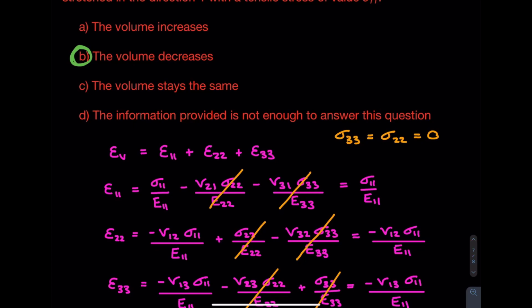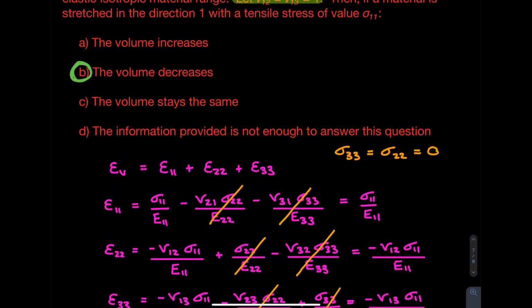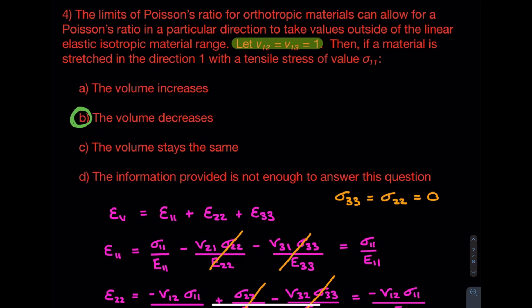Now, I want to discuss something really quick, because when I look at this question, I remember I told you guys in question 3, that I really don't like answer D. Answer D makes this really suck, because it always has that little doubt in your mind that, hey, maybe I do not have enough information, or maybe I'm overlooking something. And part D would actually apply in an orthotropic material, which I hate.